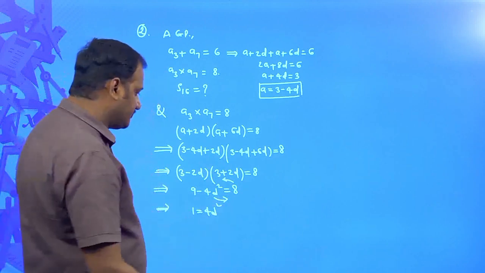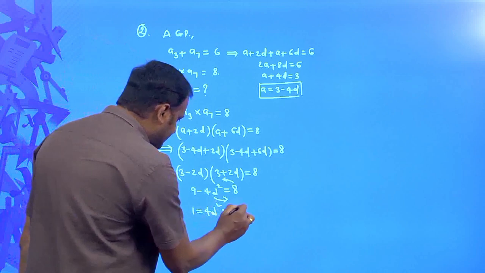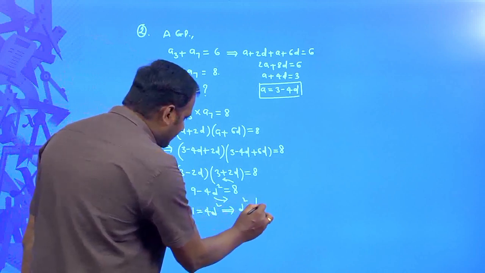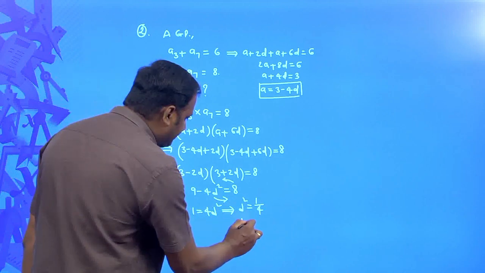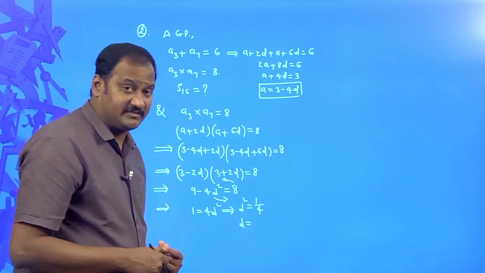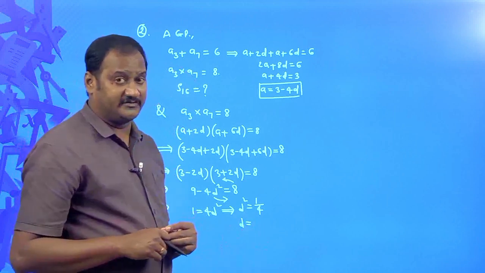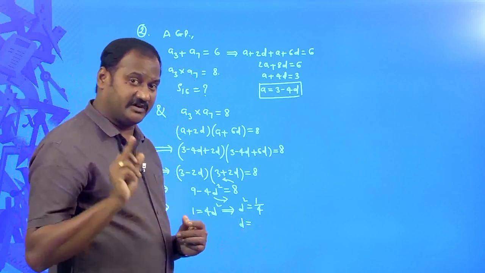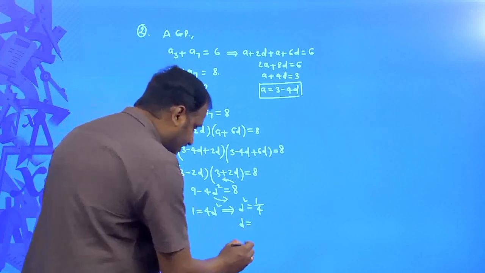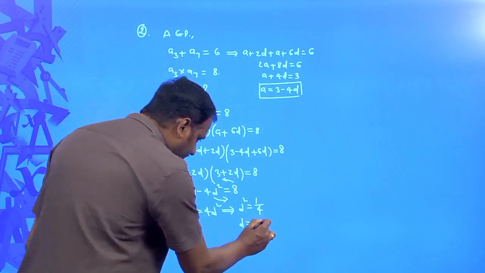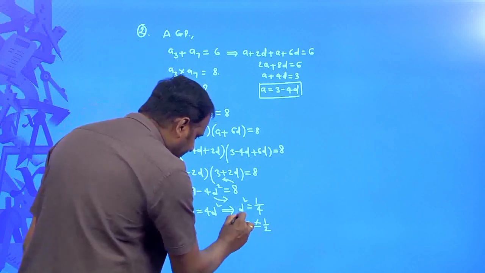So, 1 is equal to 4d square, you can write it as d square is equal to 1 divided by 4. Then what is the value of d? d is equal to plus or minus square root of 1 by 4, which is plus or minus square root 1 is 1, square root 4 is 2. Therefore, the value of d is going to be plus or minus 1 divided by 2.